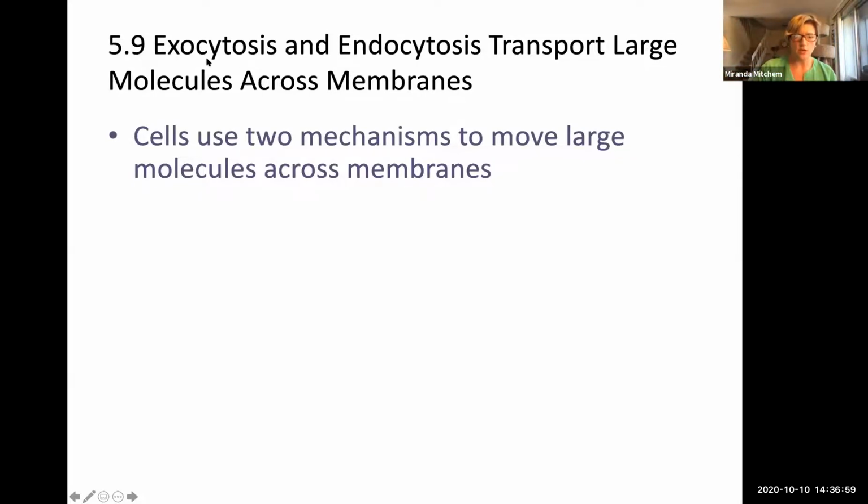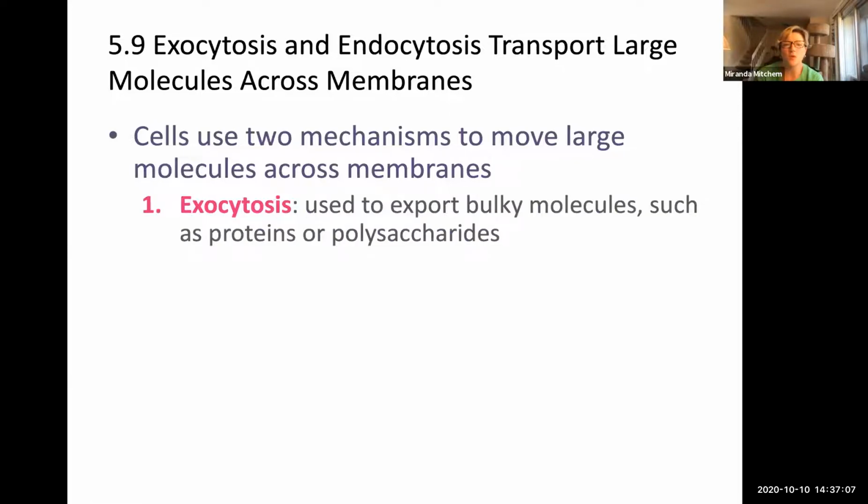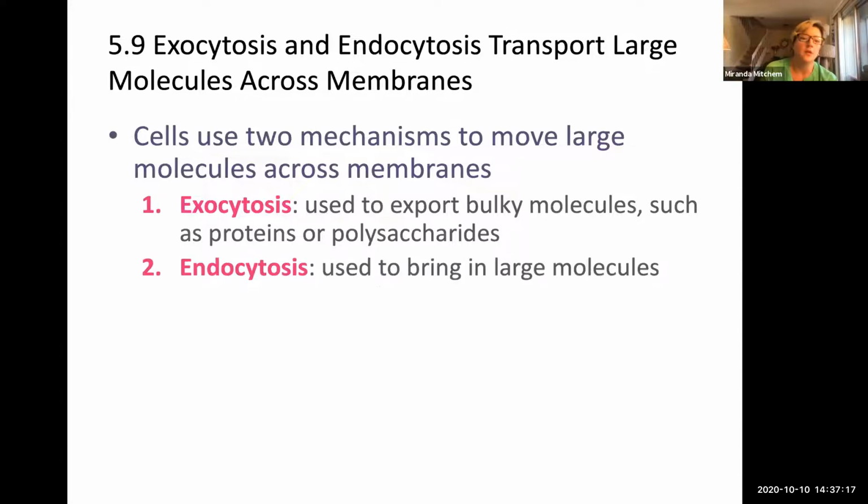So exocytosis moves something outside a cell, endocytosis moves something in a cell. So we use exocytosis to exit or export big molecules, like a protein or a polymer, a polysaccharide. Where endocytosis is the other direction, bringing in that large molecule.